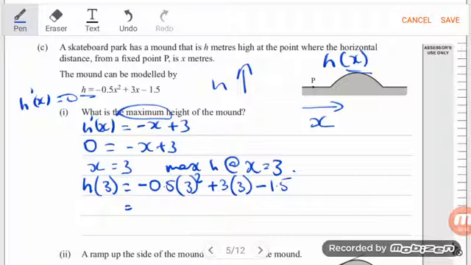Which should give us 3 meters. Minus plus, that's 9. Yep, 3 meters.